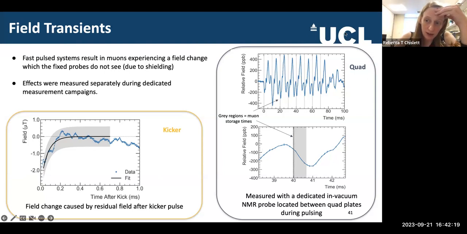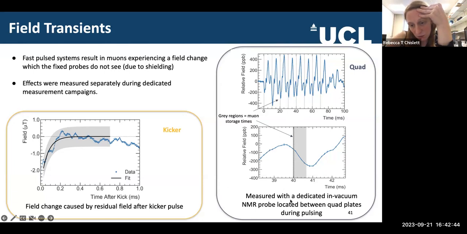And then you have the electrostatic quadrupoles, and you can see how these change the field as a function of time due to vibrations. Here the gray bands are when the muons are injected into the ring, and then you have the variation over time.